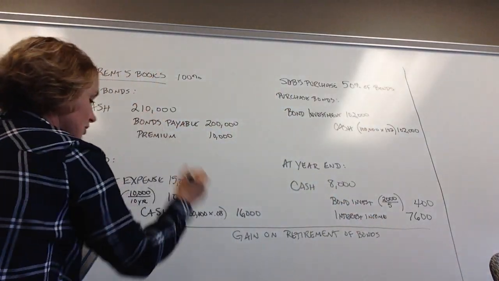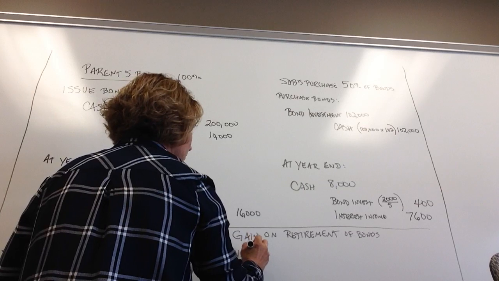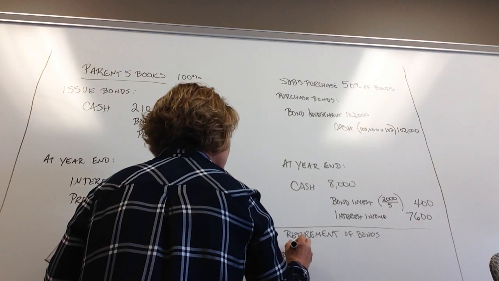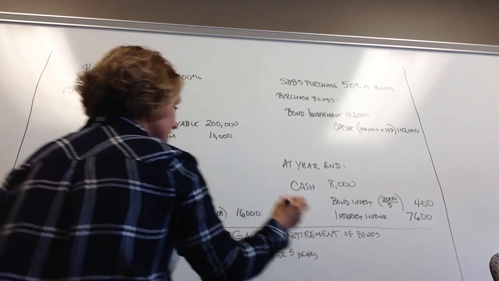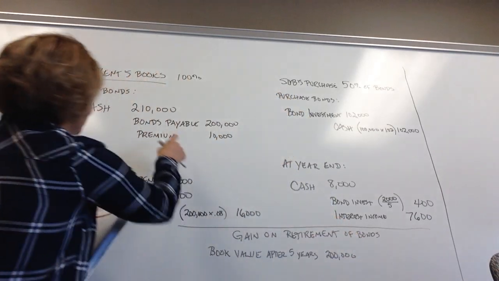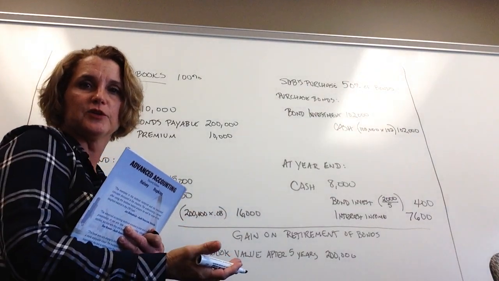If we go to the book value of the parents after 5 years, there would have been the $200,000 of bonds. Then the $10,000 of premium would have been halfway amortized.